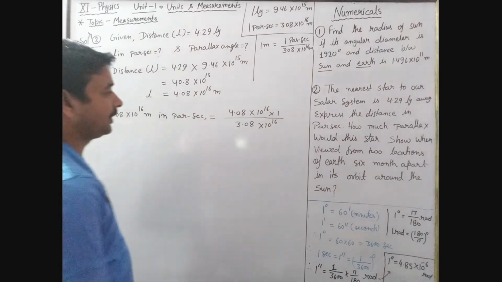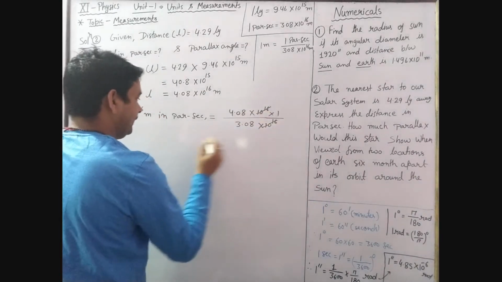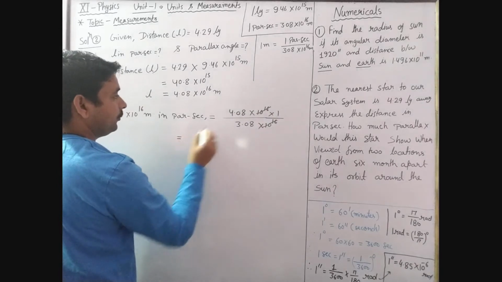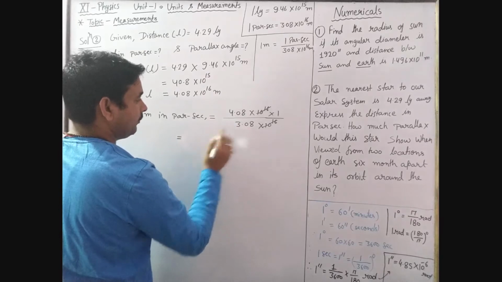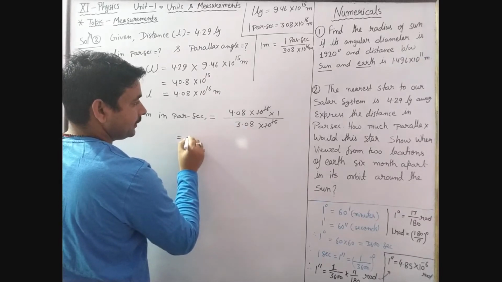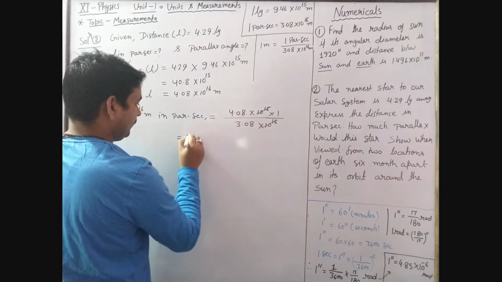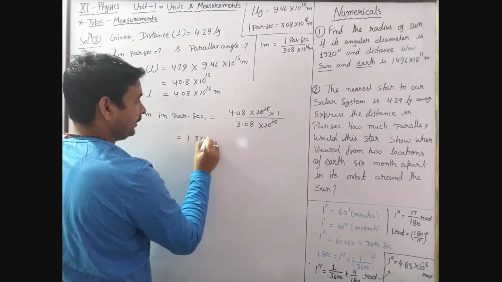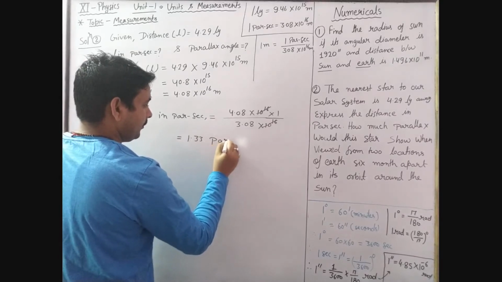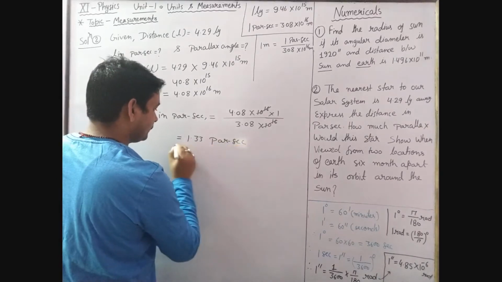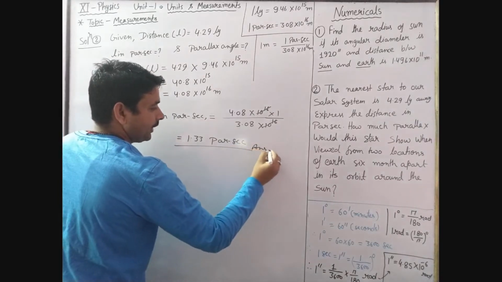This 10 to the power 16 cancelled, and by solving this we get 1.33 parsec. This is the first result which we need to calculate here.